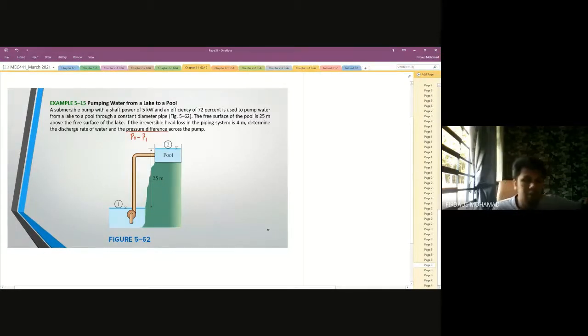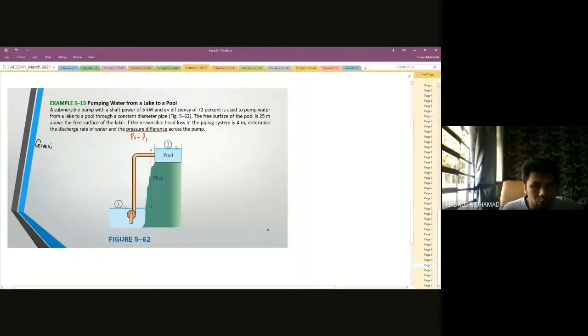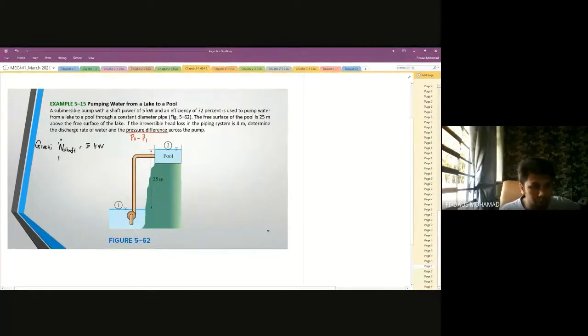Shaft power dia given, kilowatt, kilowatt is kilojoule per second. So maknanya dia adalah rate of energy. So W dot shaft sama dengan 5 kilowatt. Okay, yang delivered by the pump, and efficiency of 72%.